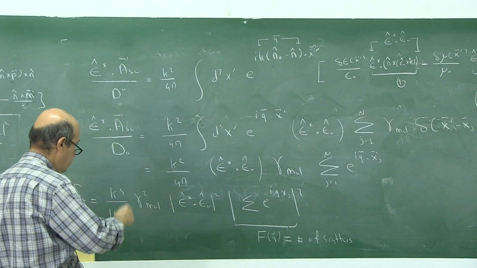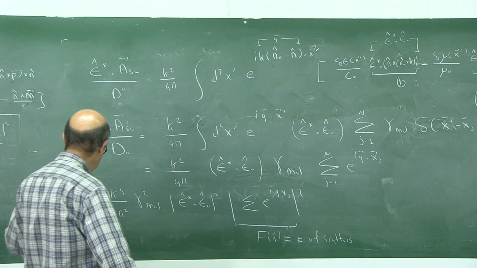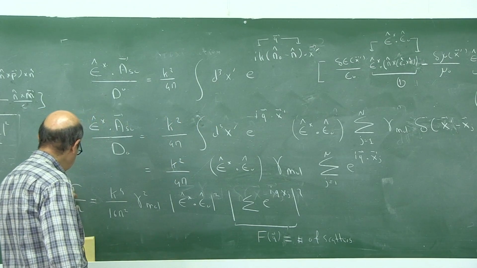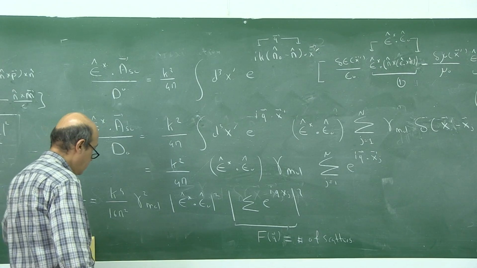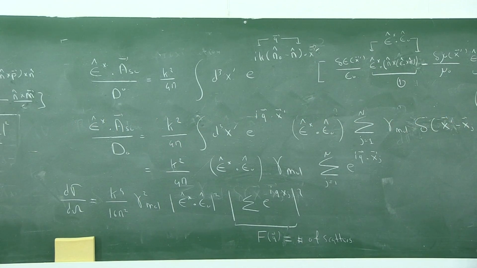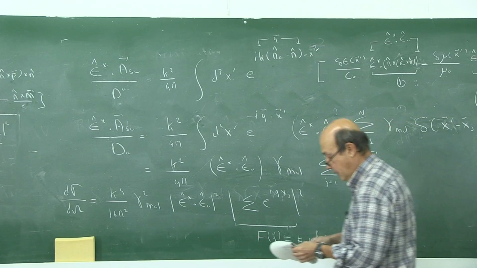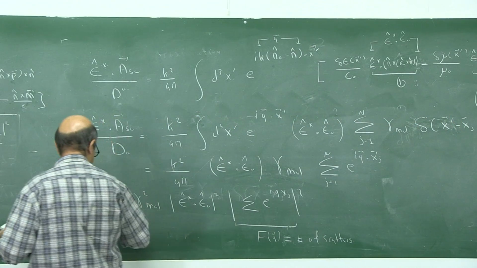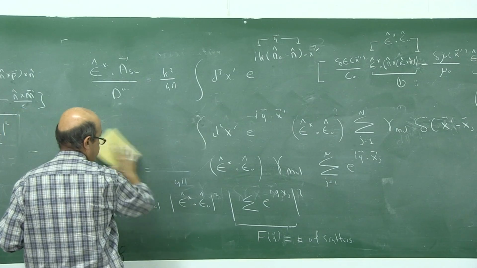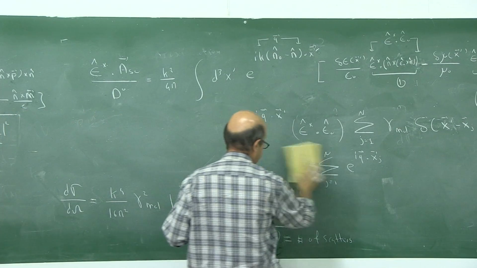For one molecule, that will be 1. So I'll take this term as a ratio here, that will be the scattering cross section per solid angle per one molecule. So let us move on to calculate the gamma. So we are coming to the end quickly.